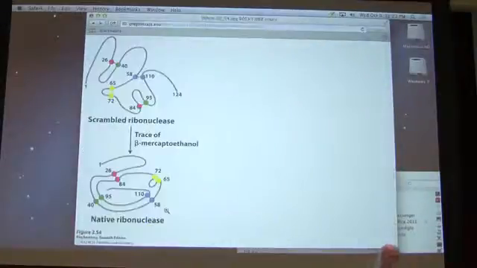Now, ribonuclease is a pretty interesting protein, as I said earlier, because ribonuclease teaches us and reminds us about the importance of primary structure, primary sequence of amino acids. So this is related to a couple of the questions that I had earlier, so let me step you through this. Let's say I've got a protein. I've got a ribonuclease.